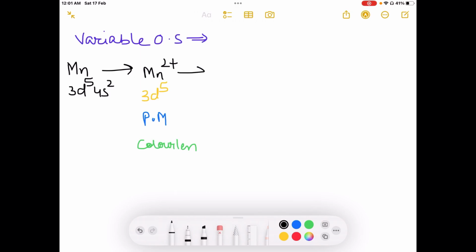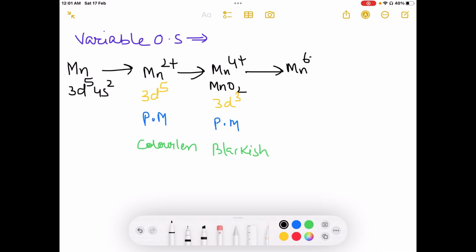This manganese changes to Mn4 plus. Mn4 plus means MnO2. So in MnO2, its configuration becomes 3d3. It has 3 unpaired electrons. So again, it is paramagnetic, and it is blackish in color. Then this MnO2 further changes to Mn6 plus.